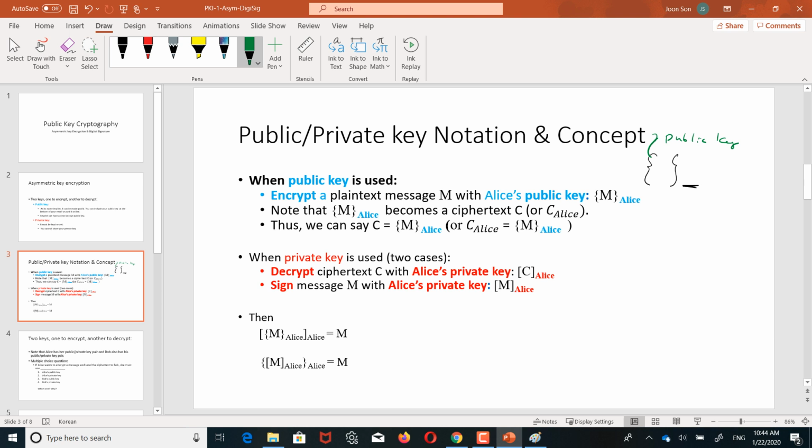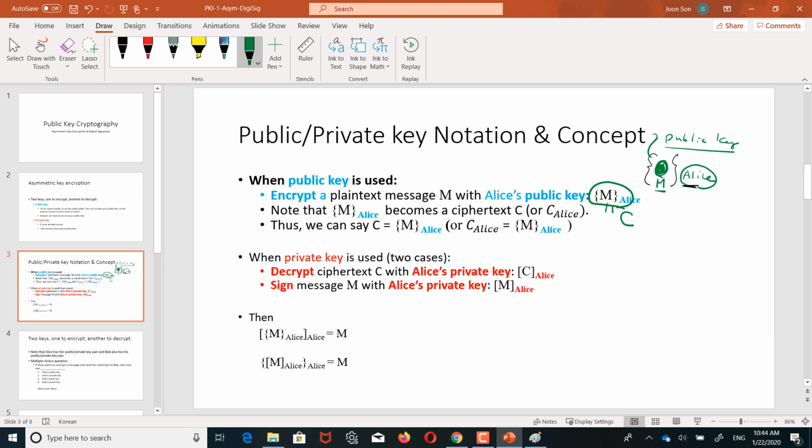So in this example, whatever the content is, could be M or whatever, it's the contents. And then when you say Alice, this thing, we'll call it M in this example. This plain text message M is encrypted with Alice's public key. So this whole thing is basically the ciphertext.